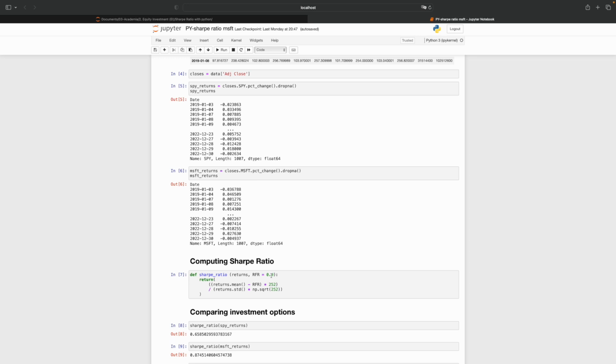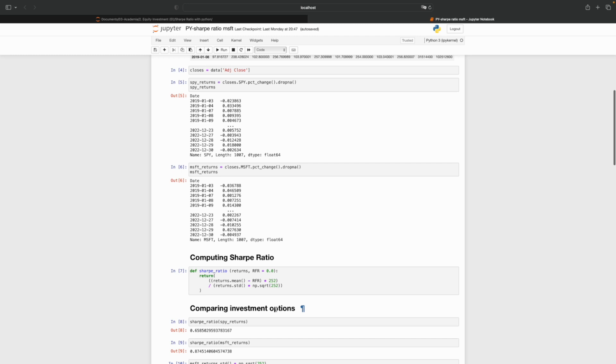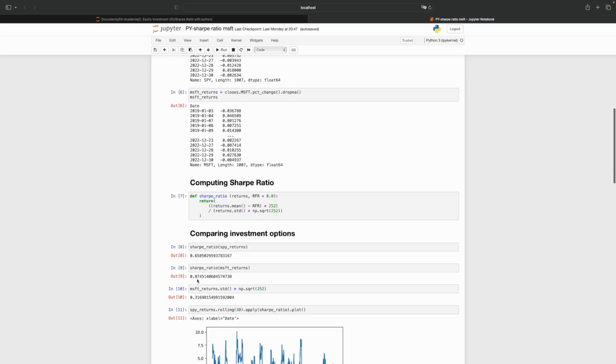Additionally, it's important to note that both the return and the risk-free rate are daily, so we need to annualize it in order to calculate the annualized Sharpe ratio. By using this function, we can see the Sharpe ratio for SP 500 is 0.65 and the Sharpe ratio for Microsoft is 0.87 here.